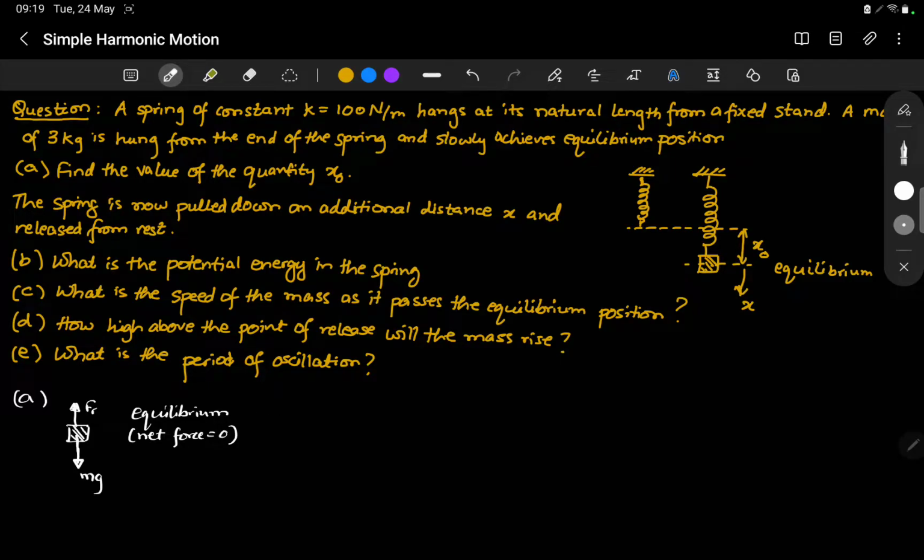So for the equilibrium case, we have mg minus Fr equal to 0, which implies mg equal to Fr. Fr is nothing but k times x naught from Hooke's law.